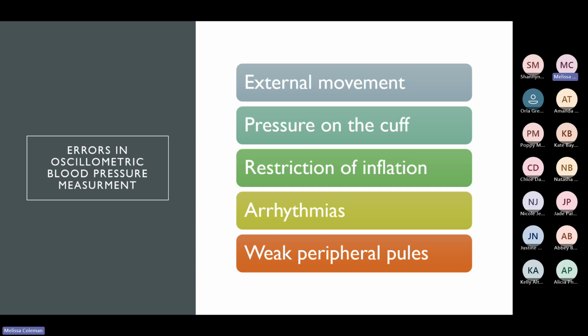Arrhythmias: if your patient has a really hectic sinus arrhythmia where it's like a heart rate of 40 and then they take a breath and it goes up to 80, the machine really struggles to read the blood pressure. And weak peripheral pulses, so hypotension. But understanding these limitations can help us decide whether or not a measurement makes sense and if we need to repeat it or switch to a different method, like a Doppler, to see what we're getting.